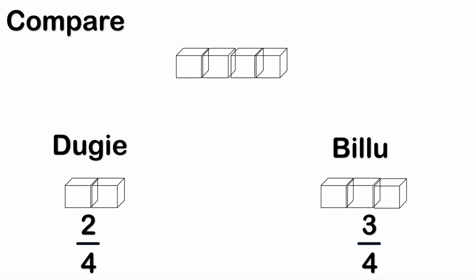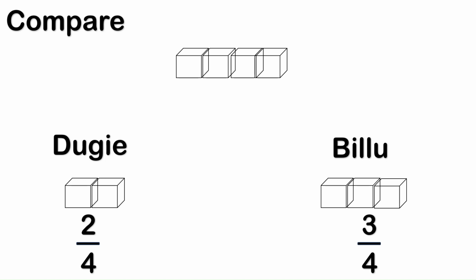Only difference is how many such parts they each have taken, which means the numerators. That is why we look at the numerators only while comparing fractions where the denominators are equal. Here when we look at the two numerators, we find that 3 is the greater one. So fraction 3 upon 4, which is with Billu, is a greater fraction.